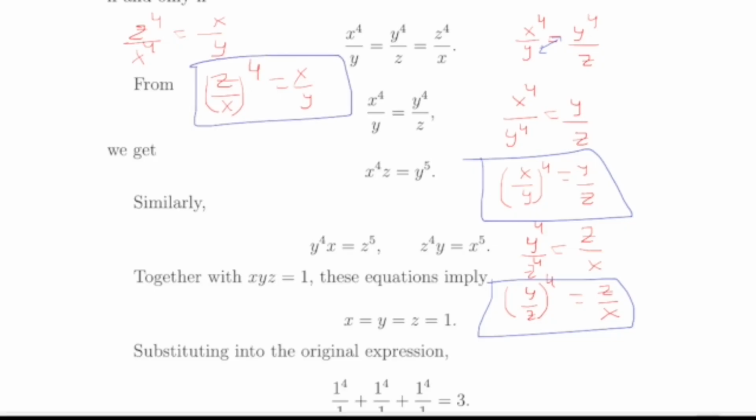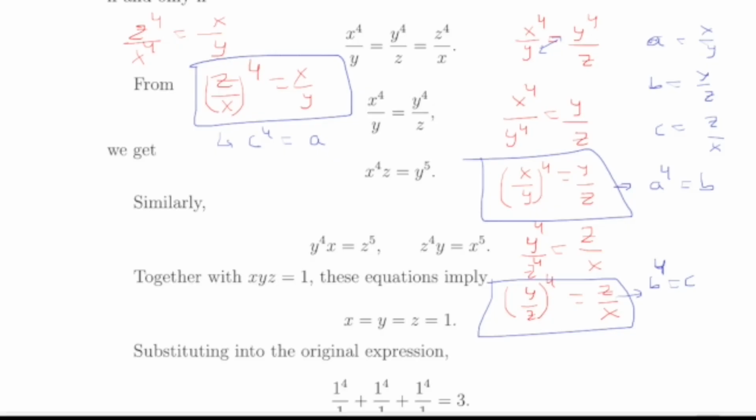Okay, so now given these, we can define a to be x over y, b to be y over z, and c to be z over x. So if we look at this one right here, we have a to the fourth is equal to b. And this one will be b to the fourth equals c. And this says that c to the fourth equals a.